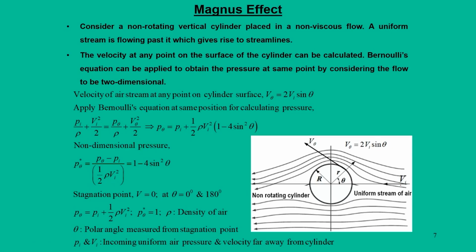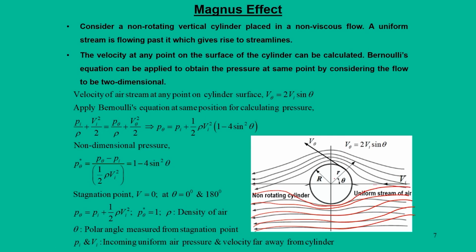What we expect is, when it is placed in a uniform stream, we will find the streamlines approaching in this manner, and the streamlines from the upper and lower part of the cylinder will be symmetrical in nature. When the flow approaches the cylinder, all the streamlines will be symmetrical about its axis.